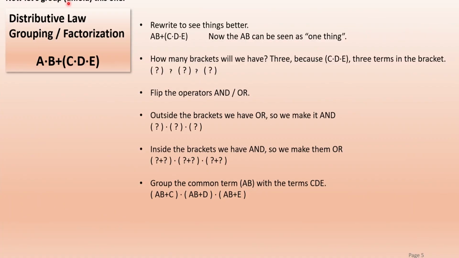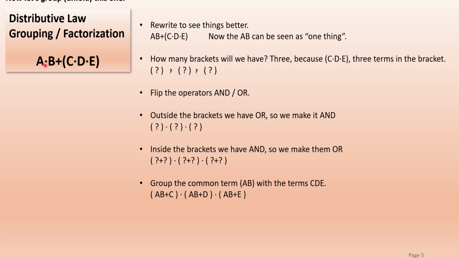Now let's group or unfold this expression here. Distributive law, grouping, and factorization here. We have A and B, or C and D and E here. Well, let's rewrite that thing so we can see it a little bit better. Drop that little dot here, because if we drop that dot, it's still the same expression.